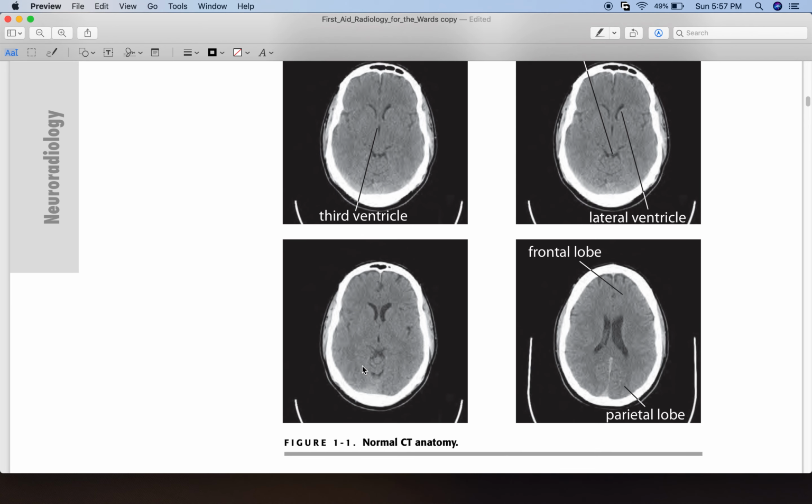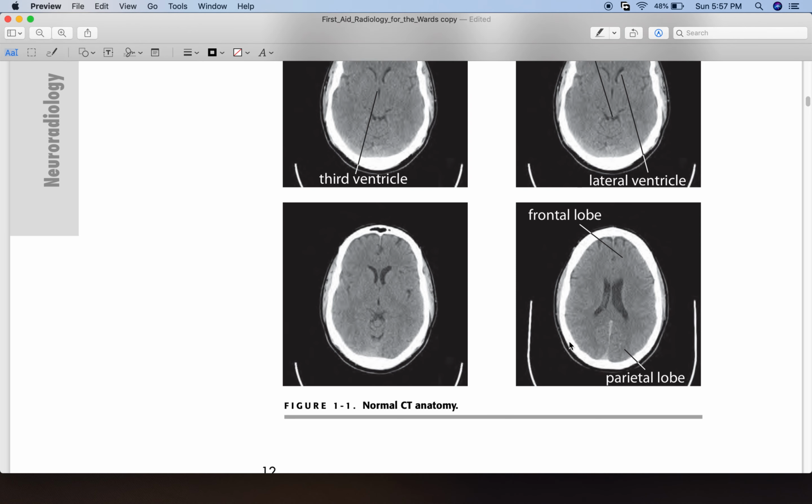Okay, now we go to this picture, and we can see the beginning of the frontal lobe here. This is the frontal lobe here, or here we can see it also, and here we can see the parietal lobe. Of course these are the lateral ventricles, but they appear quite bigger.